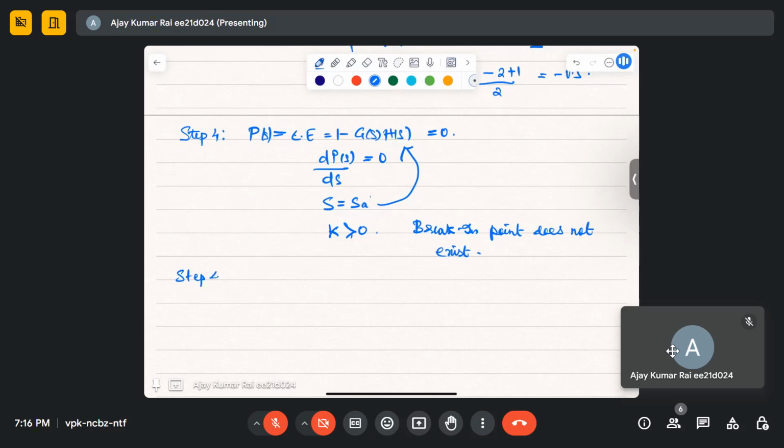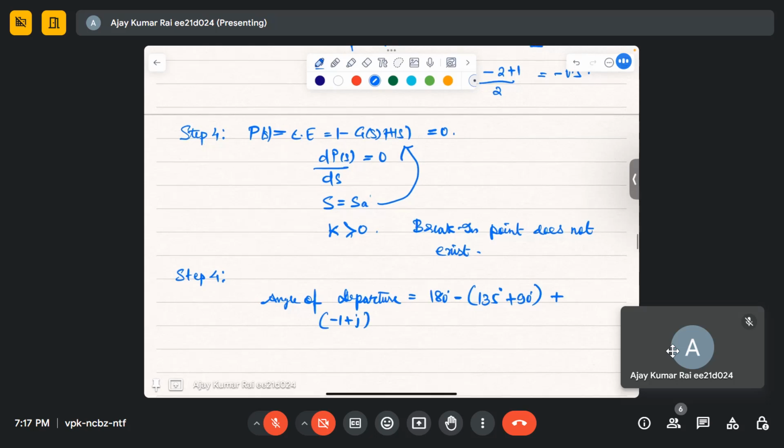Okay, so step 4 is the angle of departure. Okay, so here the only change was this. Okay, so I'll directly write the value. So I know the value, this is 135 plus 90. Okay, this is for the angle of departure for minus 1 plus j. Okay, and this is plus 90.